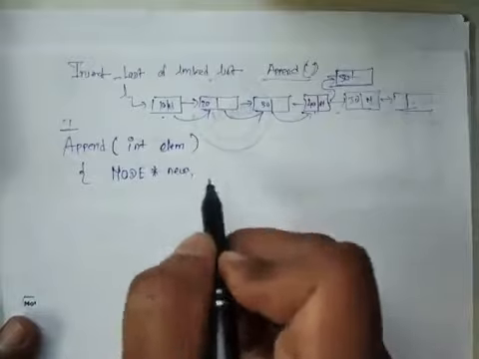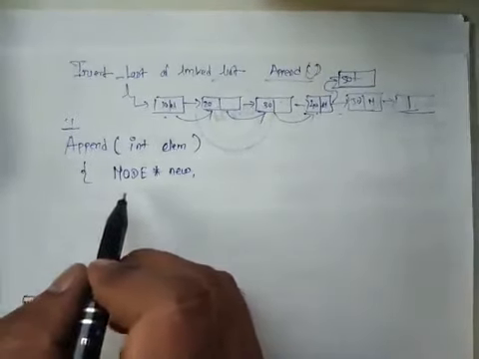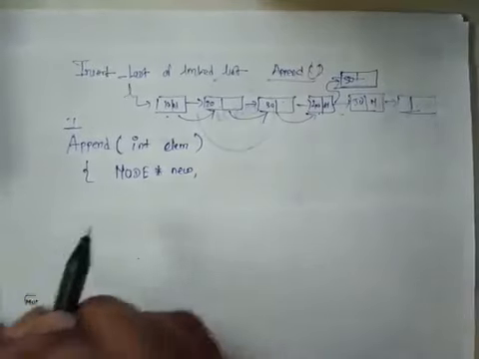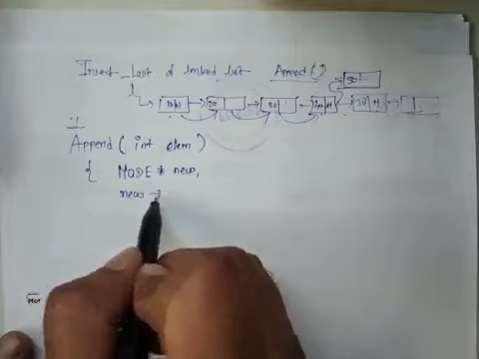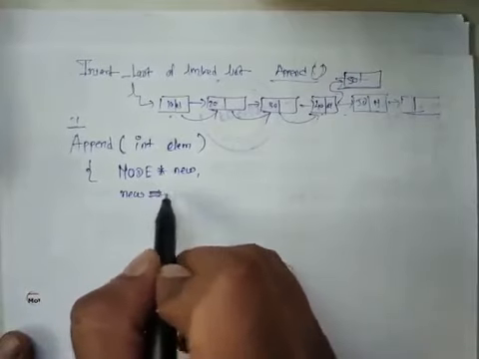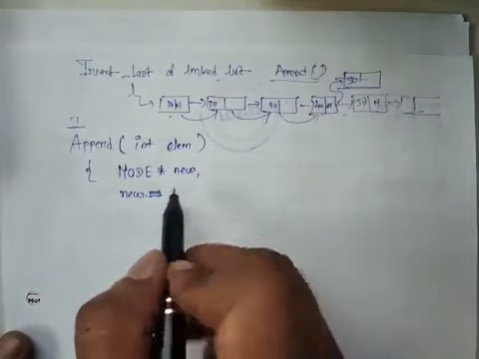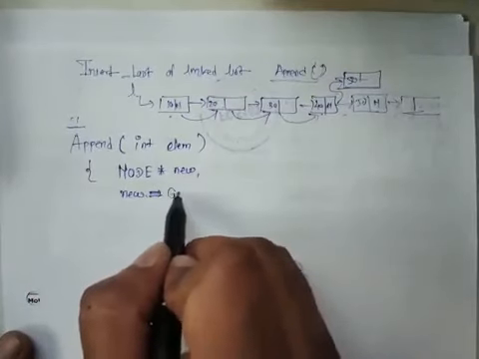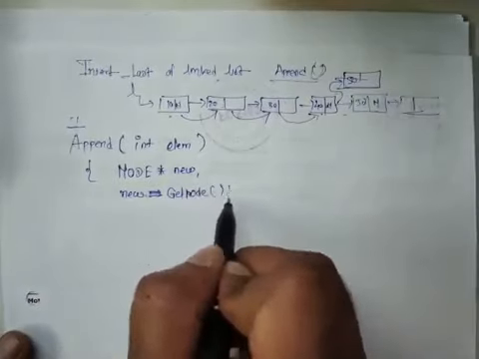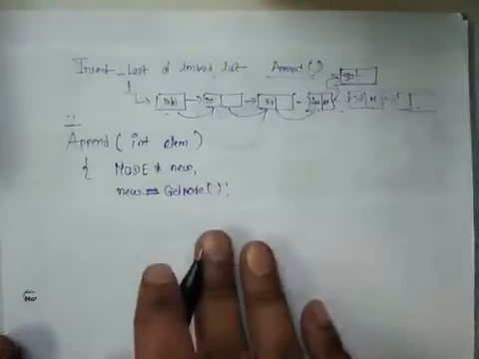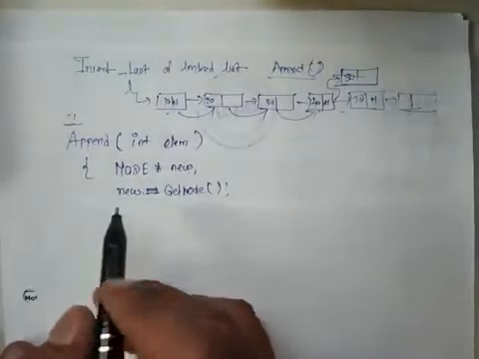Now new is equal to get node. I call the get node function, which helps me allocate memory for the variable new.